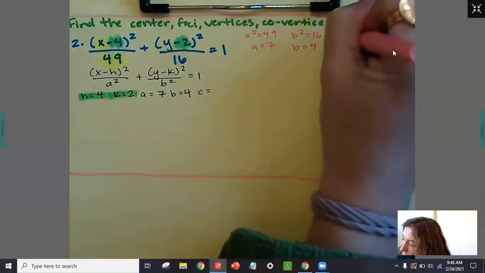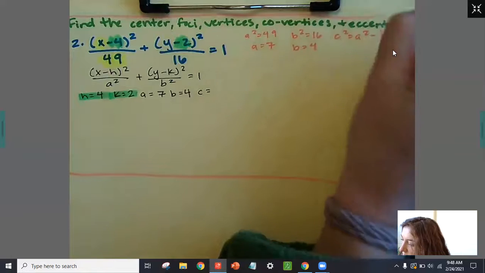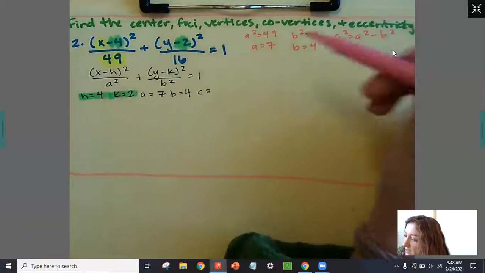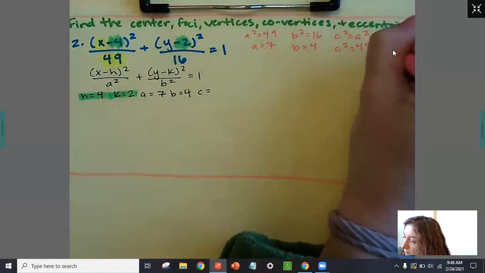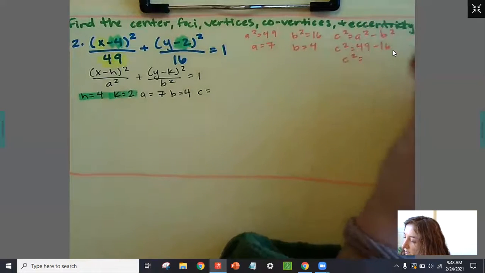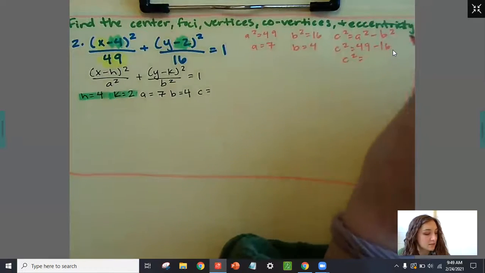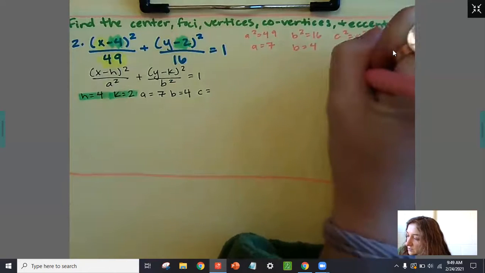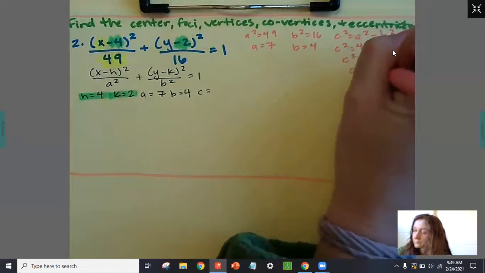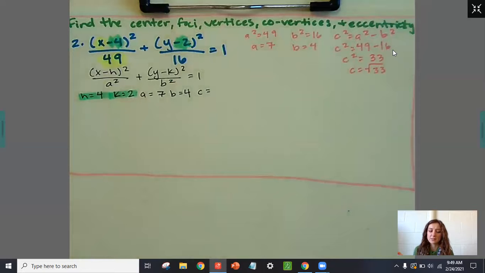C squared equals a squared minus b squared. So c squared is equal to a squared, which is 49, minus b squared, which is 16. So that means that c squared equals 49 minus 16, which is going to give us 33. And that means that c is equal to the square root of 33. Remember, we're only doing the positive because it is a distance there.